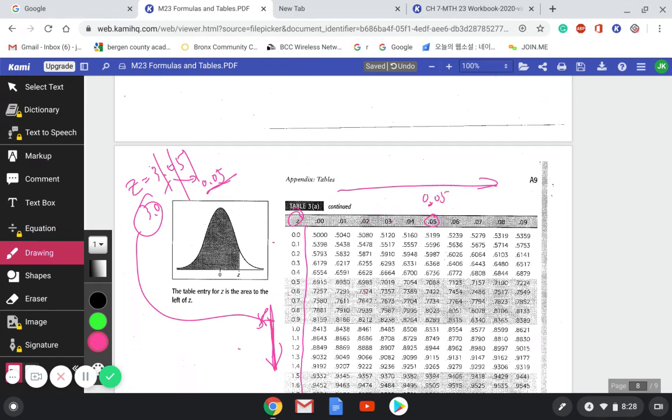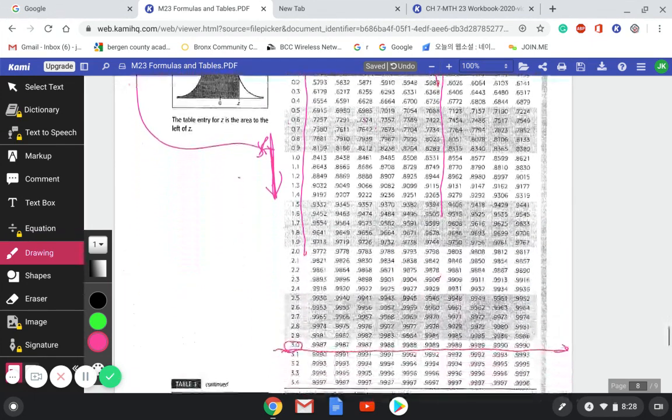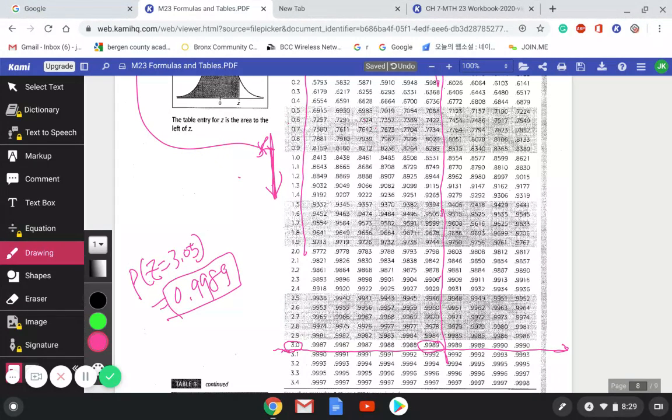A lot of times we say 0.05. So you make a line in the down way, and wherever it meets with 3.0 and 0.05, in this case the probability of z is 3.05, that becomes 0.9989. Okay, so that's how you find the probability.